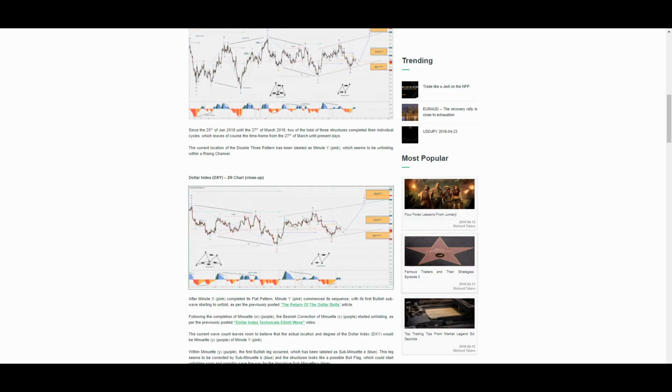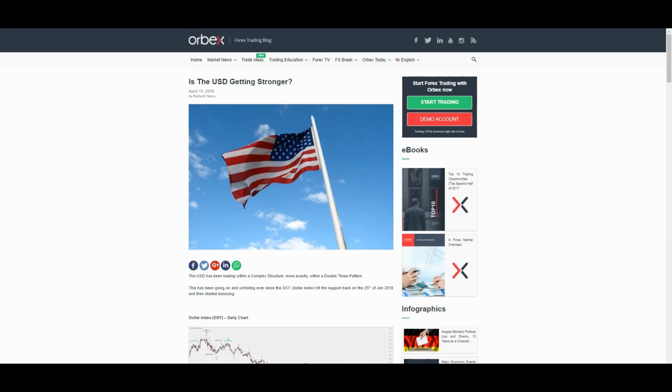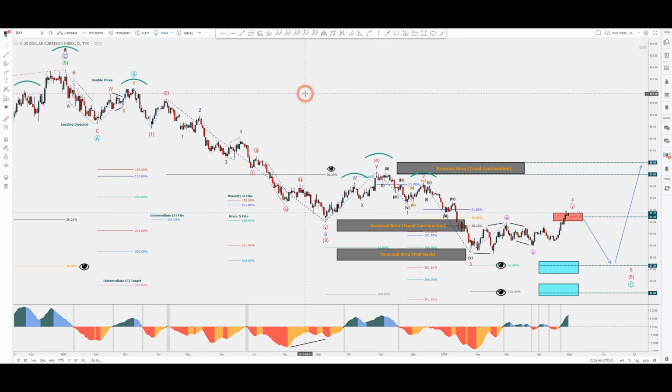So let me just jump on the charts here. This is the dollar index on the daily time frame. Since here, the dollar actually took off.